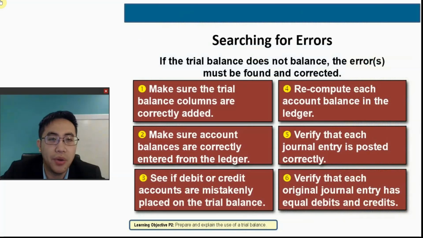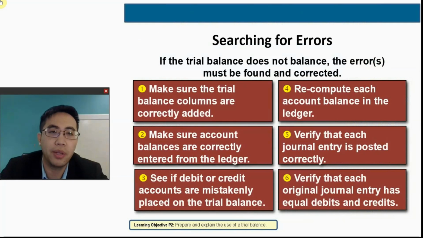Otherwise, we enter the process of searching for errors. If the trial balance does not balance, in other words, if your total debits do not equal your total credits, you need to take several steps. First, make sure the trial balance columns are correctly added, and that the numbers are correctly imported from the ledger accounts.